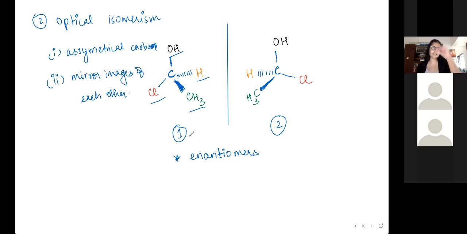This phenomenon is called enantiomerism. They're called optical isomerism because the word optical is not random. They have a tendency to rotate light in different ways.